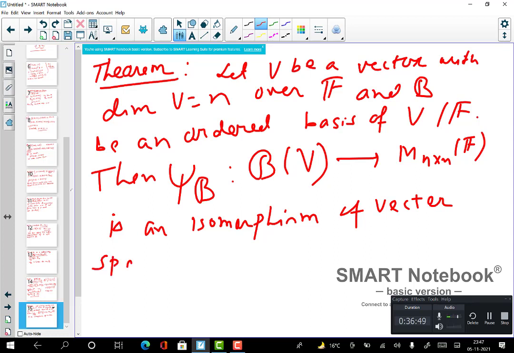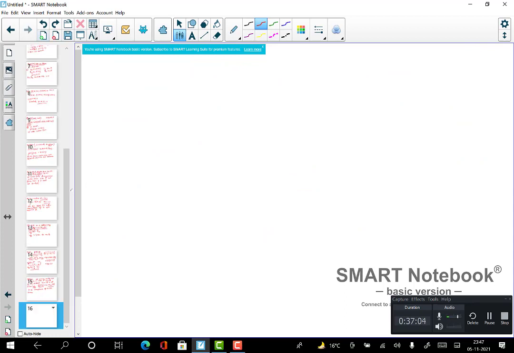So what does that mean? That means you have a vector space structure here, you have a vector space structure here, and these two are isomorphic via this map. This is the meaning. And obviously the proof requires a trick.